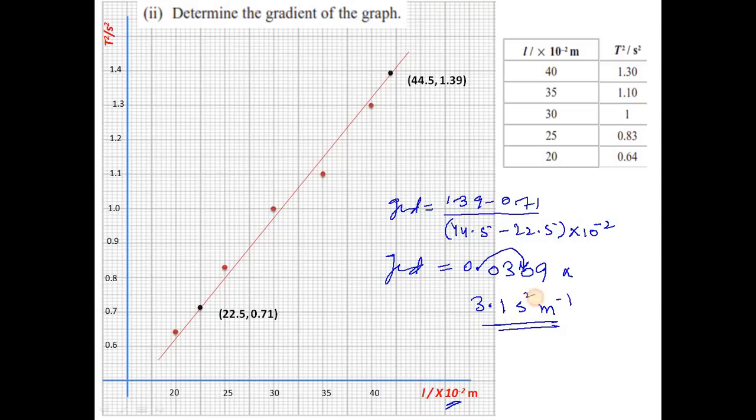This is the gradient once you simplify this equation. So gradient is 3.1 s square meter minus 1.